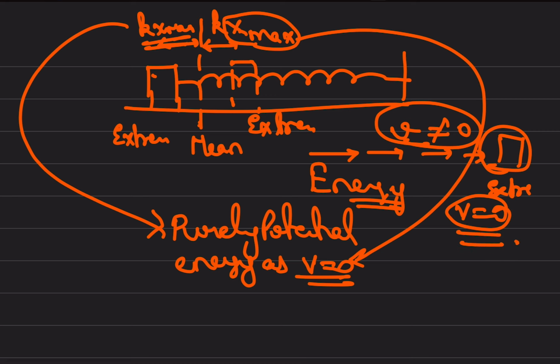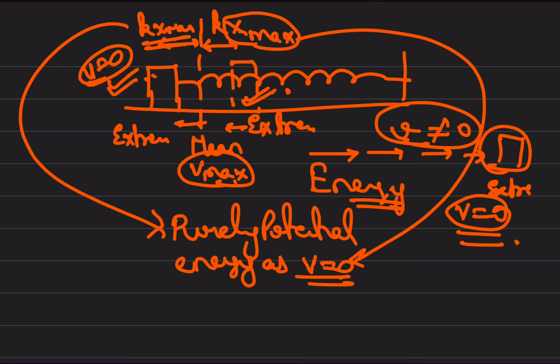Its velocity will be maximum, v max, at the mean position, and as it goes towards the extreme position, its velocity will be equal to 0.